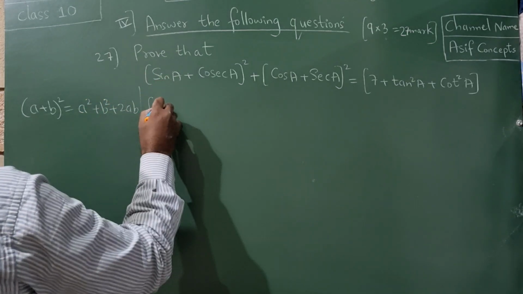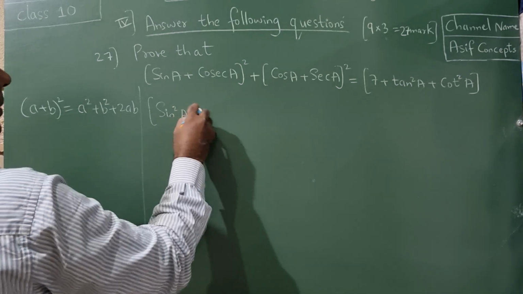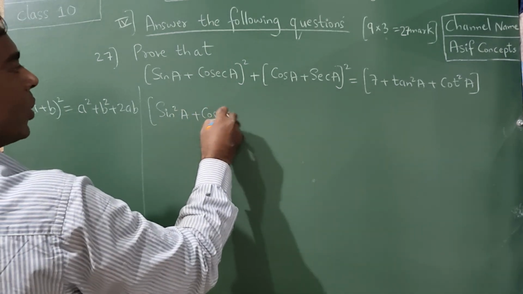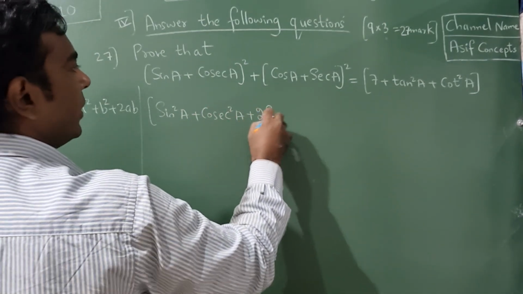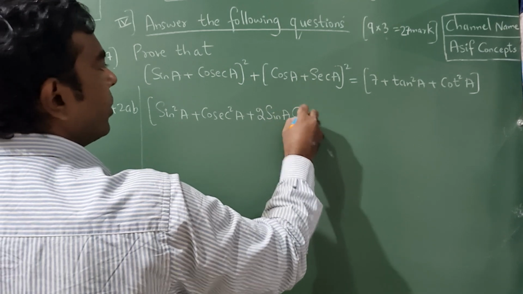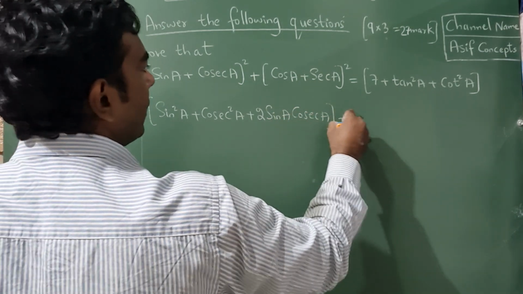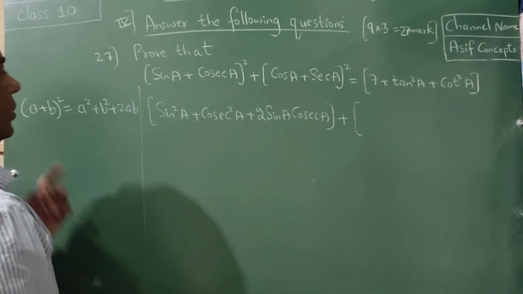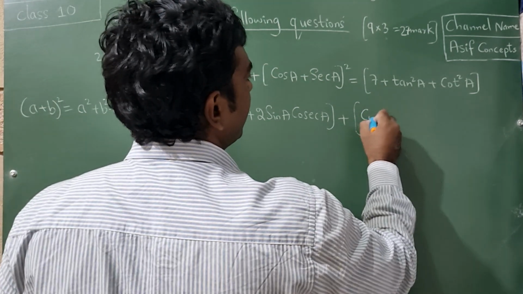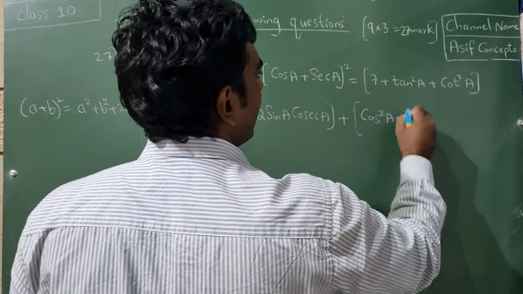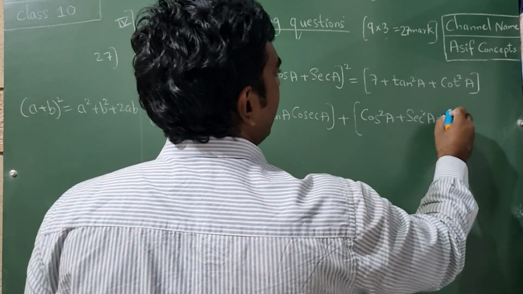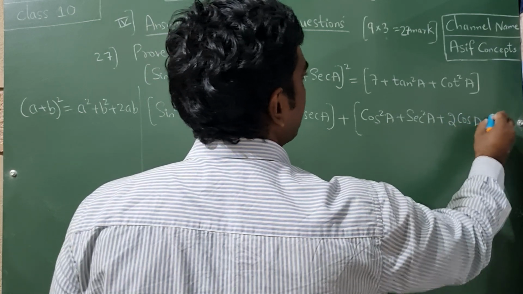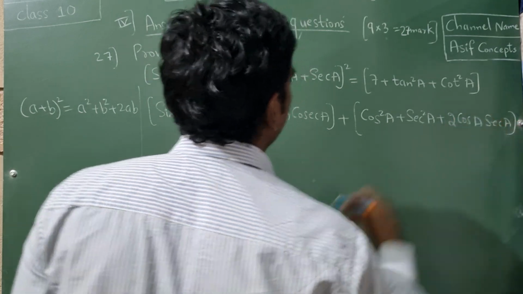So this can be written as sin square a plus cosec square a plus 2 into sin a into cosec a. Again for this also I am going to use the (a plus b) square formula. So cos square a plus sec square a plus 2 into cos a into sec a.